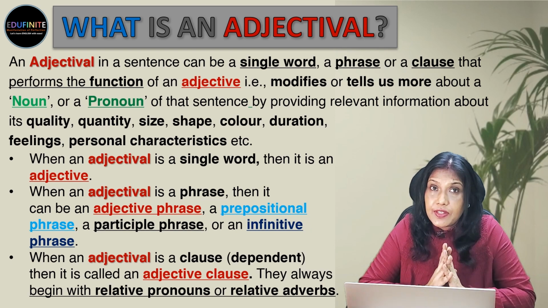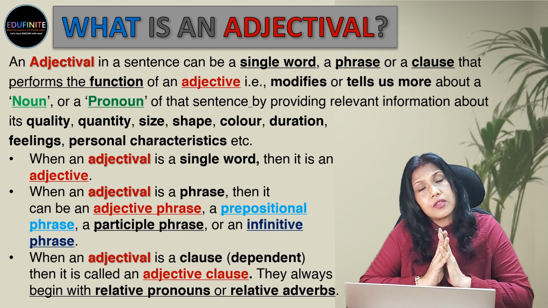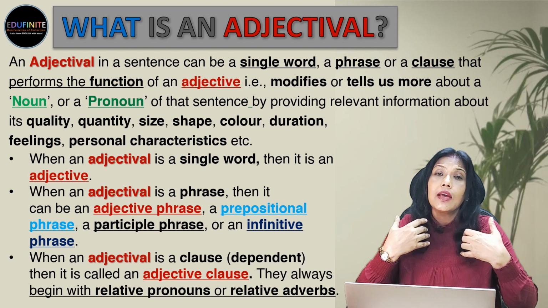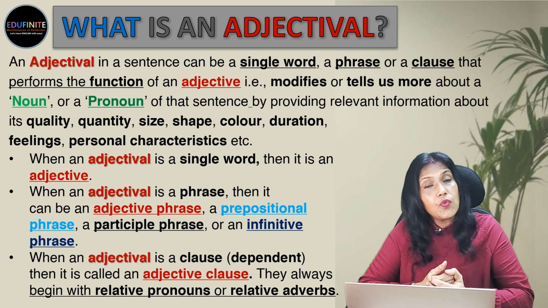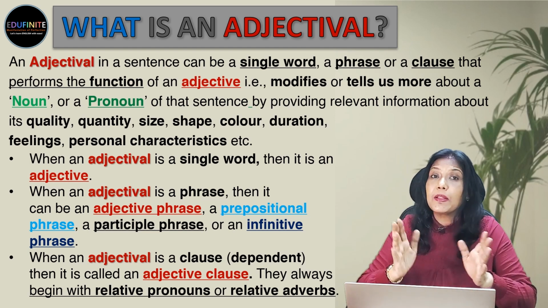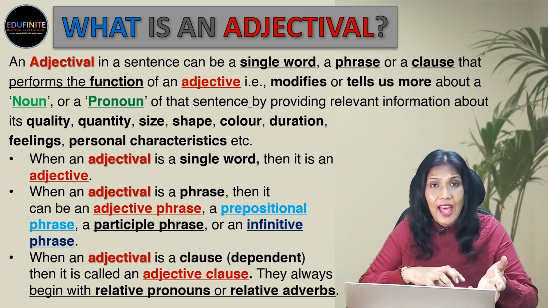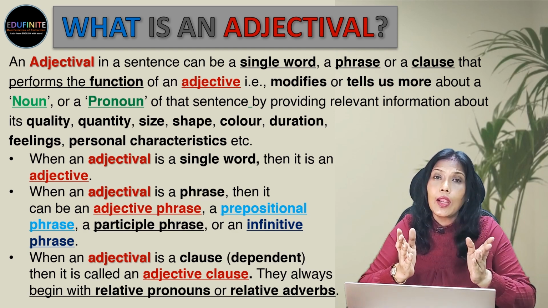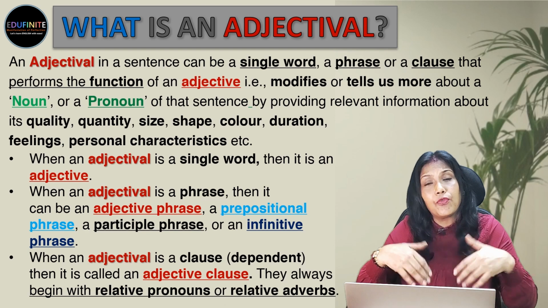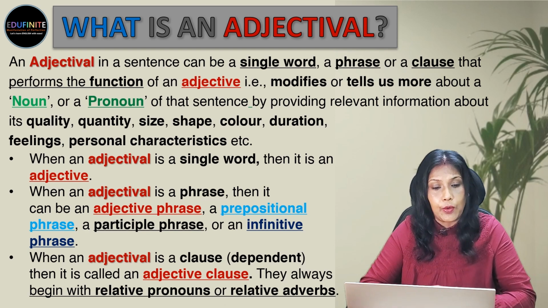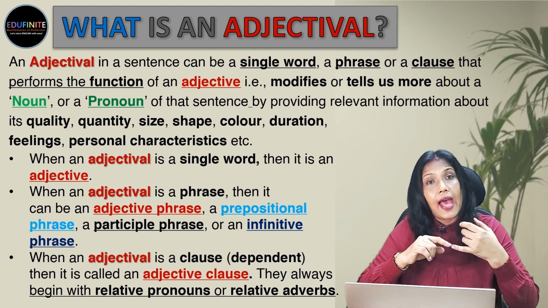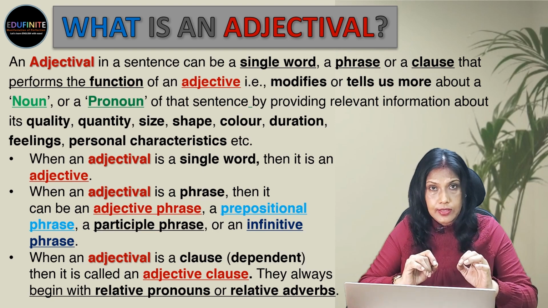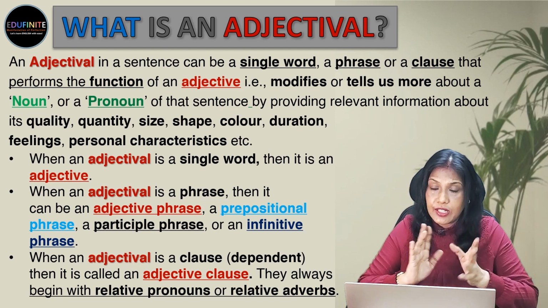When an adjectival is a clause, this clause is always a dependent clause. That means the adjectival clause on its own will never be able to give you the complete idea. So it will have to depend on another clause to give you the whole idea of what the sentence is trying to tell you. If the adjectival is a clause, then it is called an adjective clause.